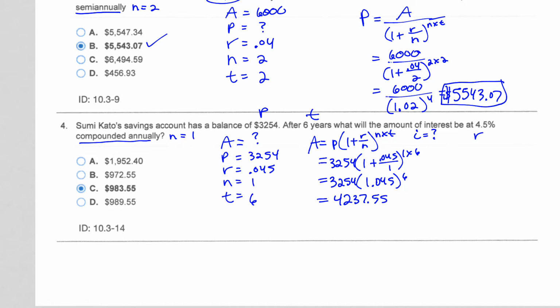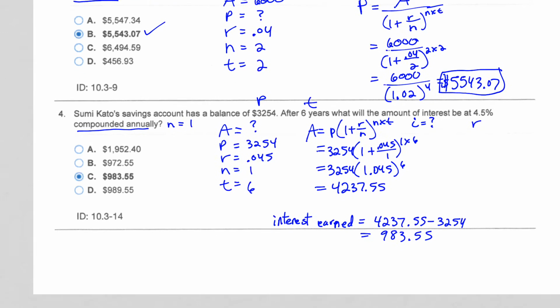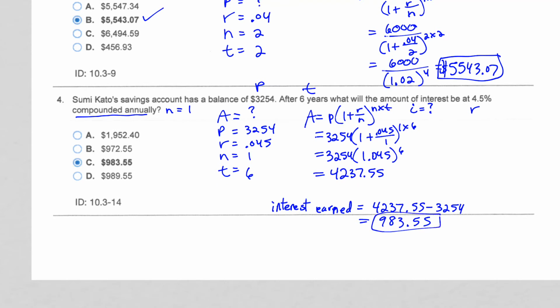And so the question is interest earned or gained. Remember, this is an investment, so you're trying to make money off this. So that's going to be the bigger number minus the original number. And that's going to give us $983.55. Okay. And there it is.